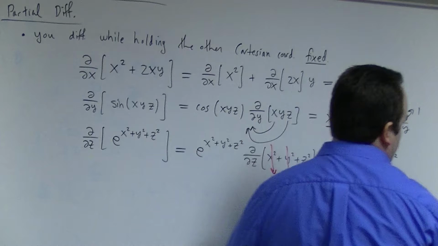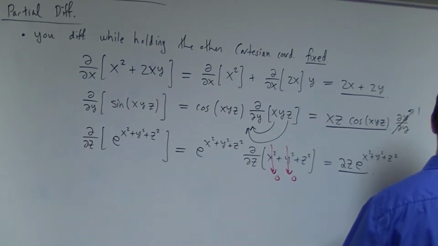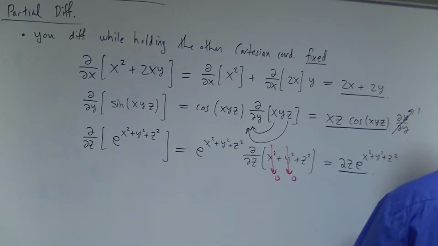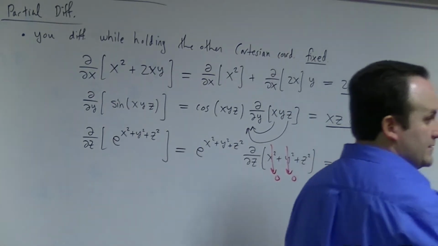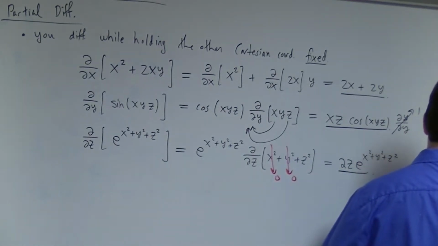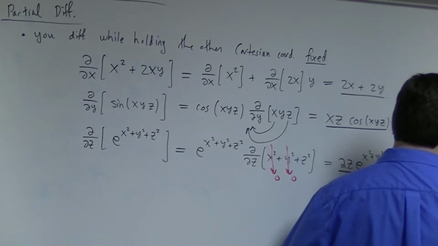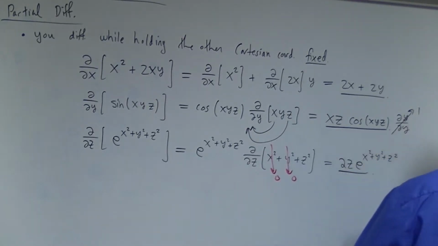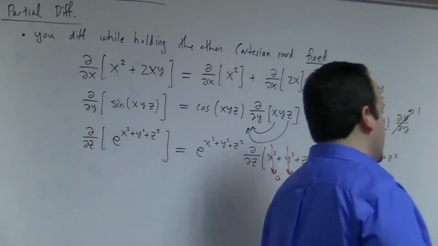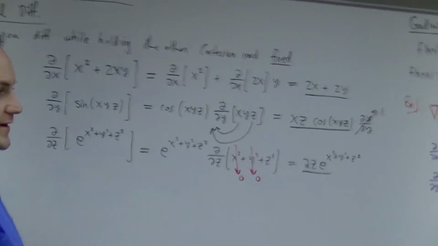Partial x of x squared plus y squared: y squared differentiates to 0, x squared differentiates to 2x. There you go, that's the first component. Likewise, the second component, partial y of x squared plus y squared, x is constant with respect to that partial differentiation, and you just get 2y. And lo and behold, there's the gradient of x squared plus y squared, just 2x comma 2y.